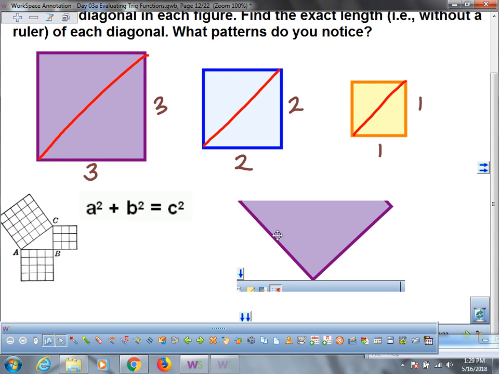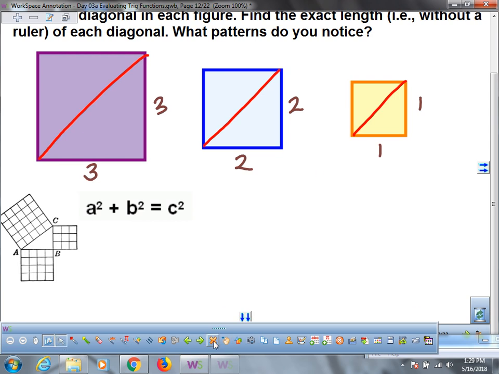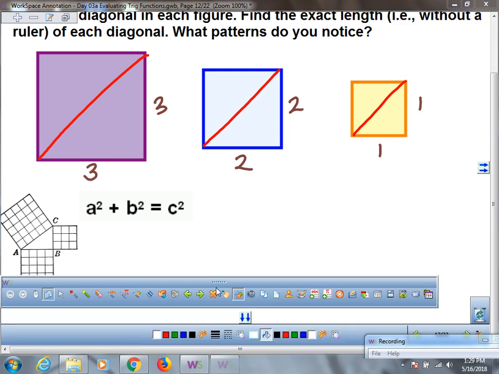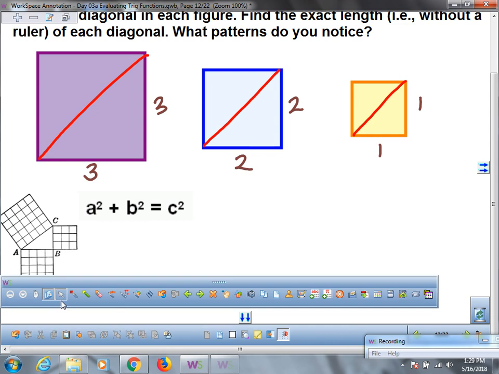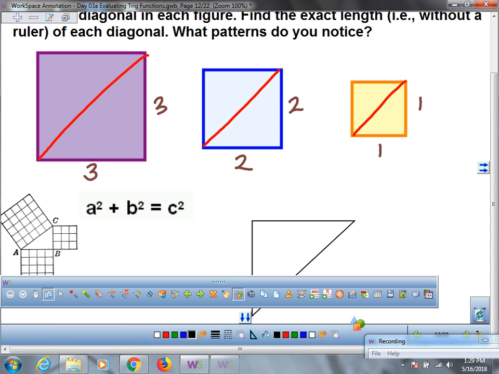I'm just being lazy because I could bring it up on here. That's not going to give me a perfect 45-45 though, which is what I'm going for. We'll try. I'm getting frustrated.